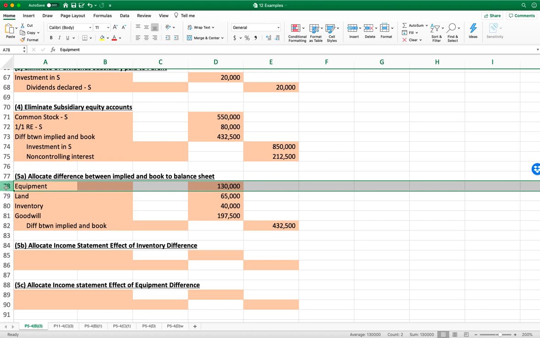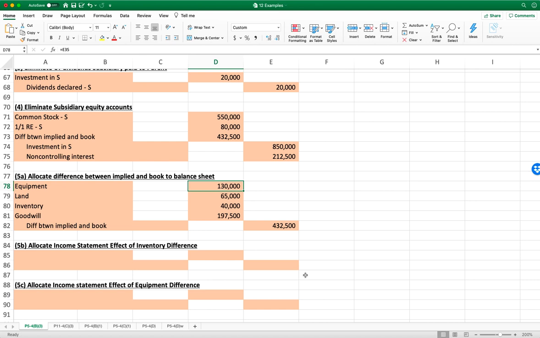We'll start with equipment. So equipment, as we talked about when we were recording the income, is going to get depreciated over time. On our consolidated statement, any depreciation related to this $130,000 doesn't exist because we brought over the subsidiary's income statement and their income is based off of a depreciation number that doesn't include this fair value adjustment.